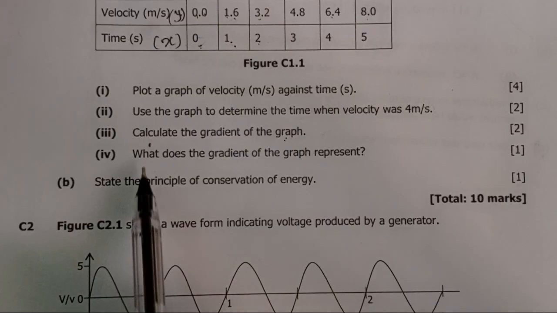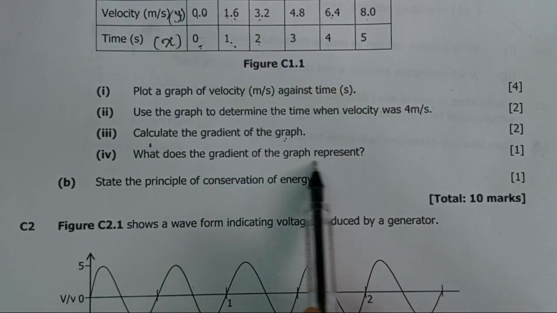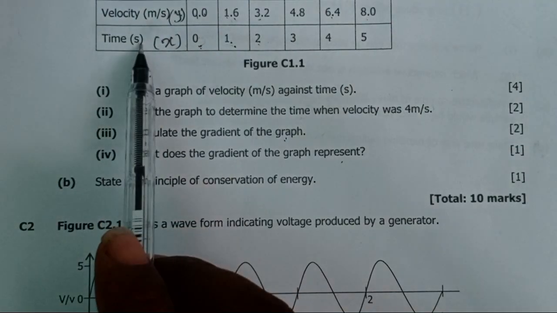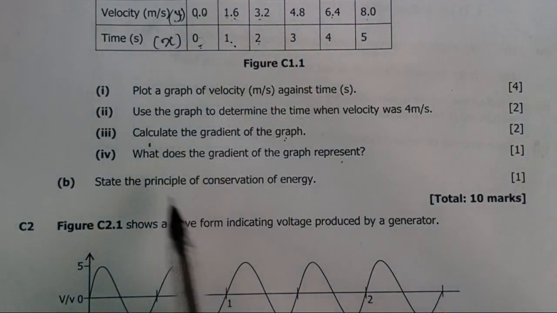Part 4. What does the gradient of the graph represent? The gradient of the graph represents acceleration. So for a graph of velocity against time, the gradient represents what? Acceleration.